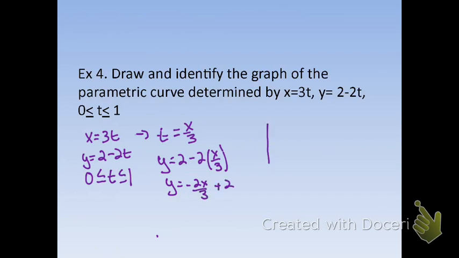So if we're going to graph this, we know it's a line with a y-intercept of 2. And then we go down 2 over 3, 1, 2, 3. Okay. So when t is 0, x equals 3 times 0 is 0, and y equals 2 minus 2 times 0.